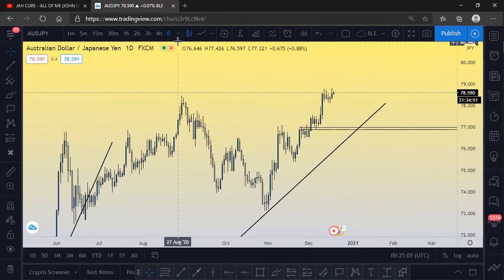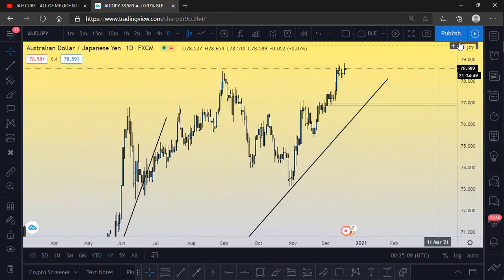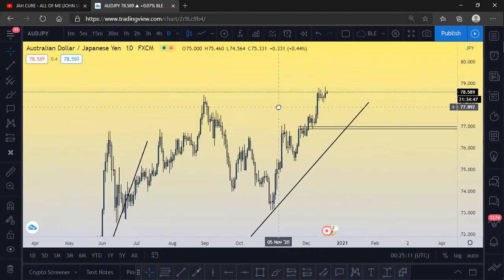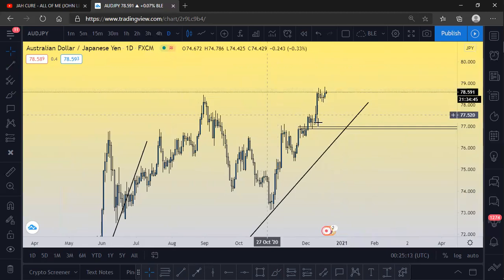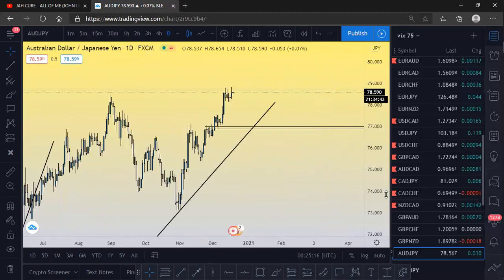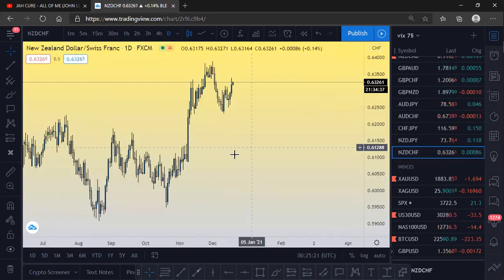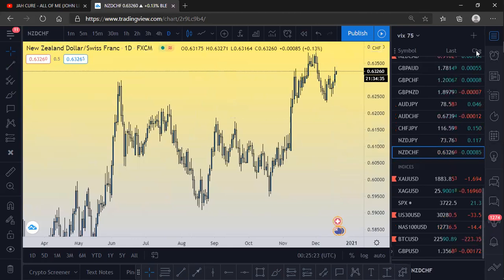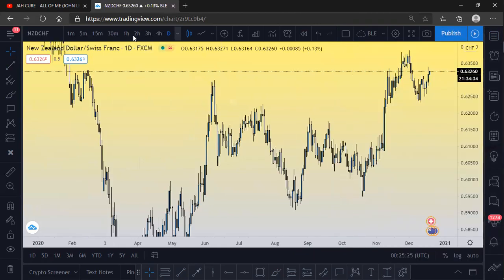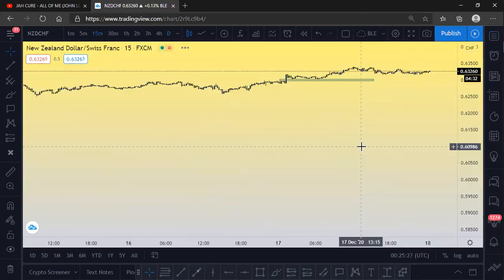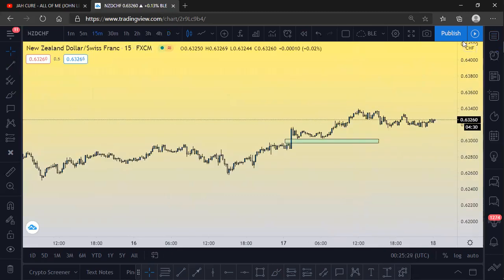Even if we scale down to a smaller time frame. Let's look for another pair without a markup, like one I've not marked up yet. I think this is empty. All right, good. Let's scale down to the 15-minute time frame.